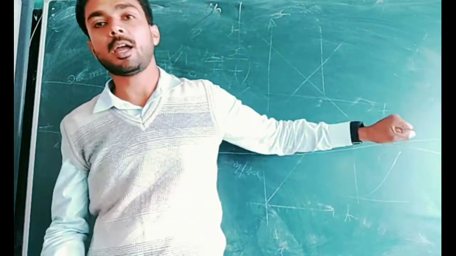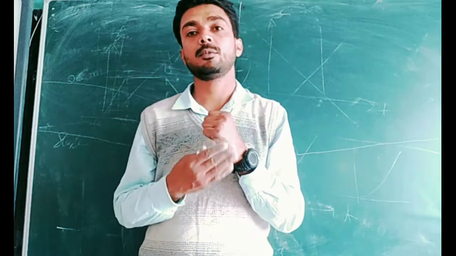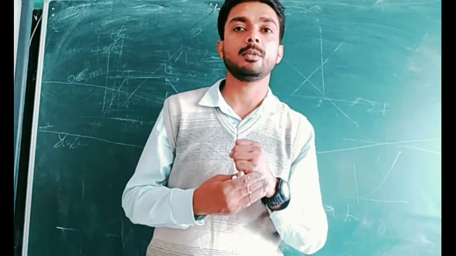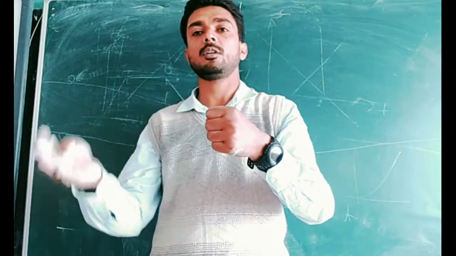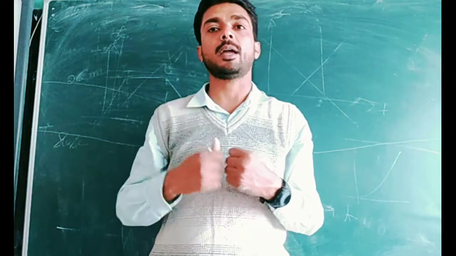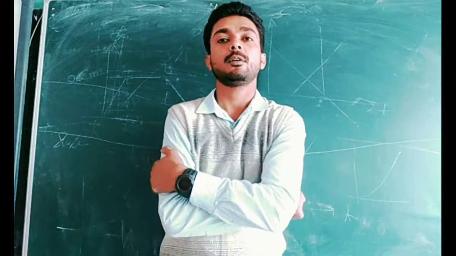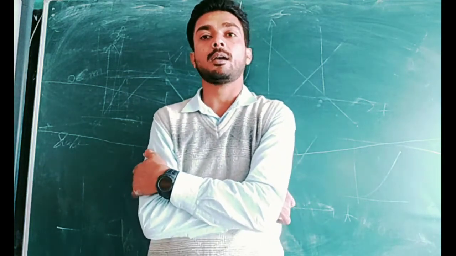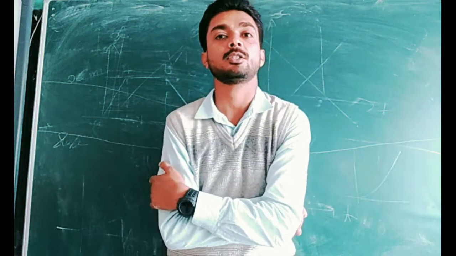Whenever we hit our hand on the ball, we always observe there is a force, there is a jerk on our hand, because whenever we apply a force on some body, we always get a reaction from that body. So it states that for every action there is an equal and opposite reaction.